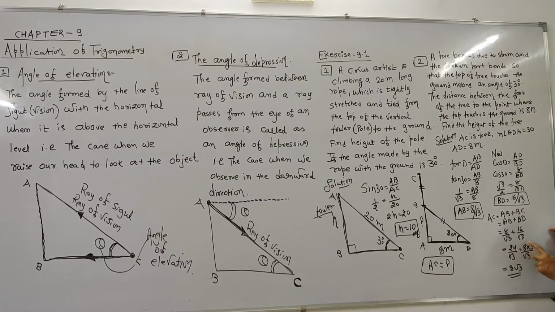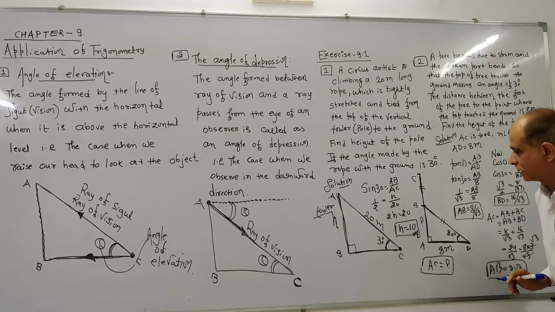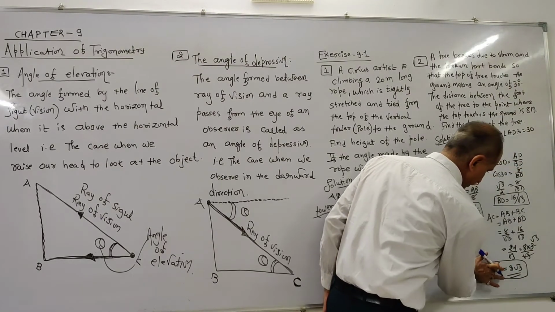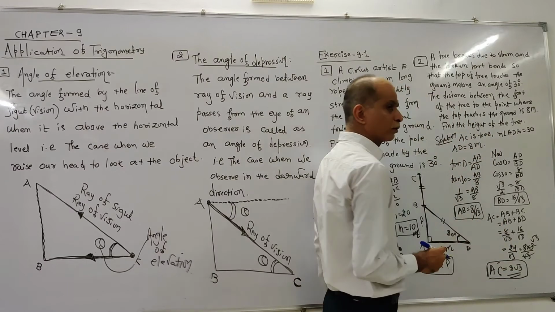You can say 8 times 3 is 24 by root 3. You can say root 3 times root 3 is 3, and the final answer is 8 root 3. So the height of the tree AC is equal to 8 root 3.